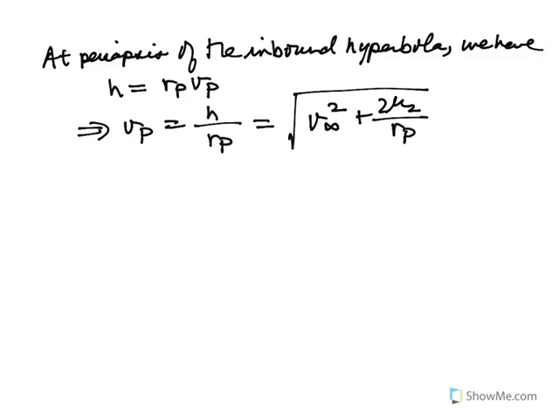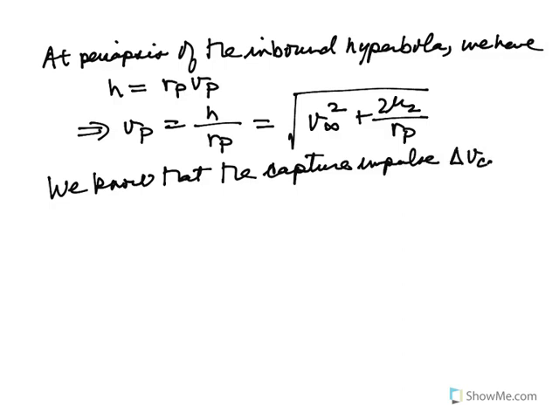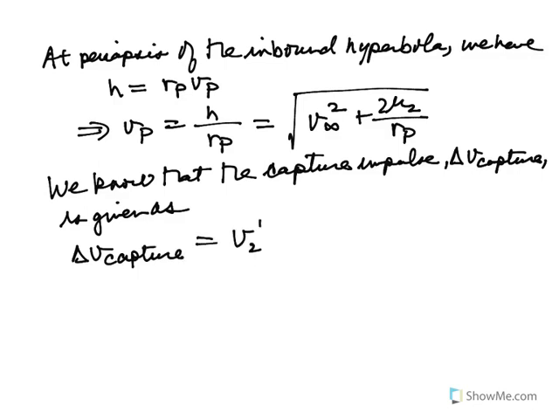And now we can compute the capture impulse. So we know that the capture impulse delta V capture is equal to V plus minus V minus, where V minus is, because it's got to be greater than 0, remember, this is a magnitude, so it has to be greater than 0, so it's the absolute value of these.